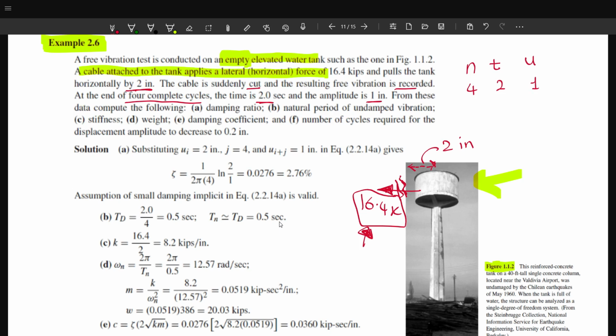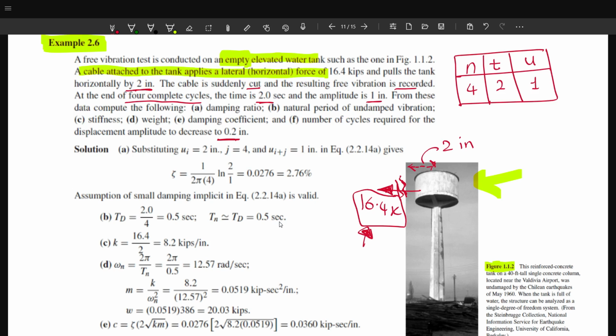I hope that everything is clear up till now. So we have this information after 4 cycles: the time was 2 seconds, and the amplitude was 1 inch. From these data, compute the following: the damping ratio, natural period of undamped vibration, which is TD, stiffness, weight, damping coefficient, and number of cycles required for the displacement amplitude to decrease to 0.2 inches.